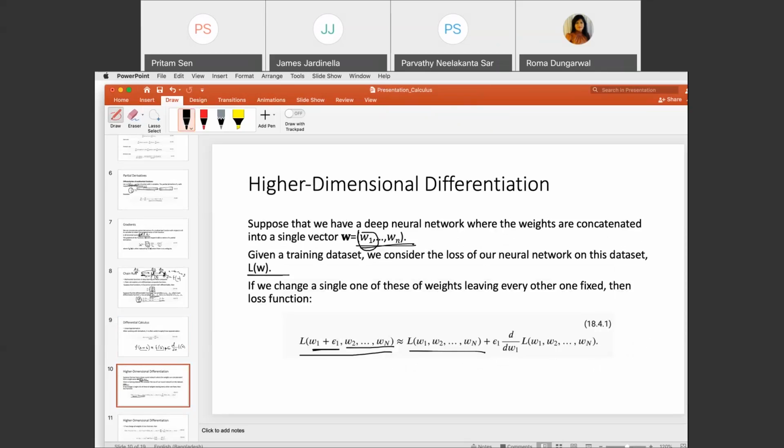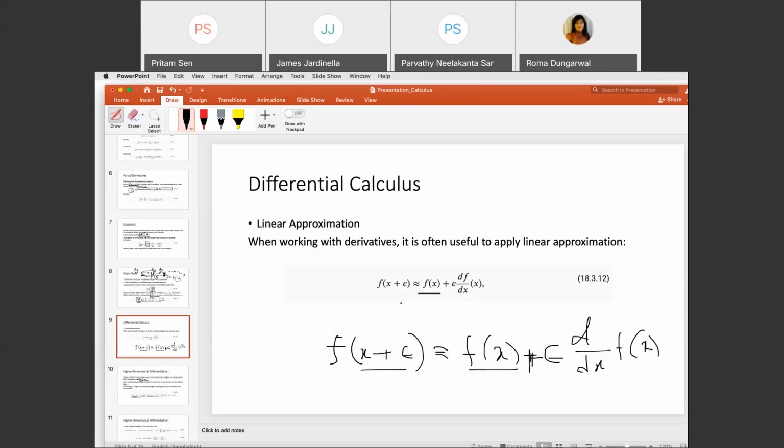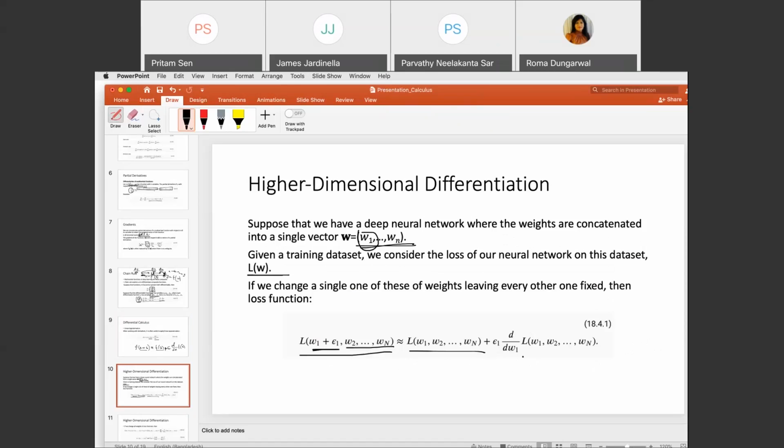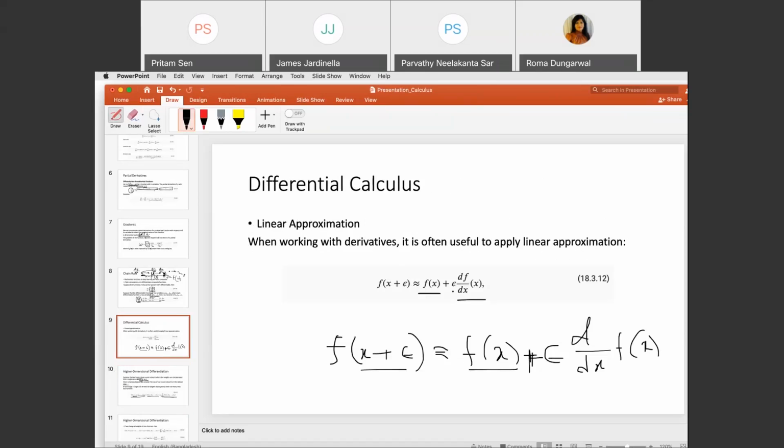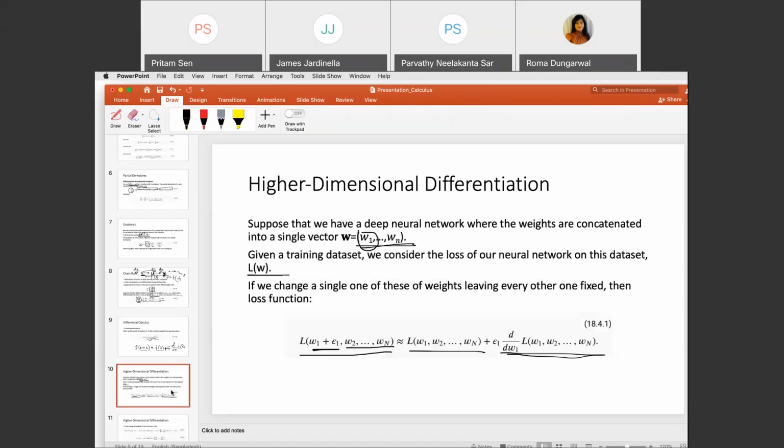that means the actual loss without the change, plus the derivative of the loss function multiplied with the change in W1.